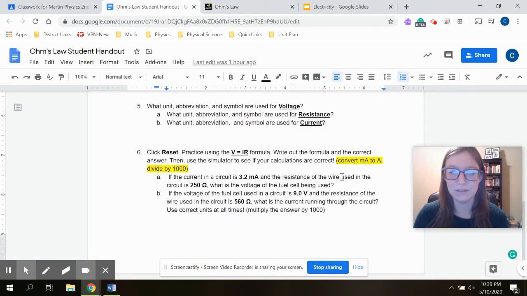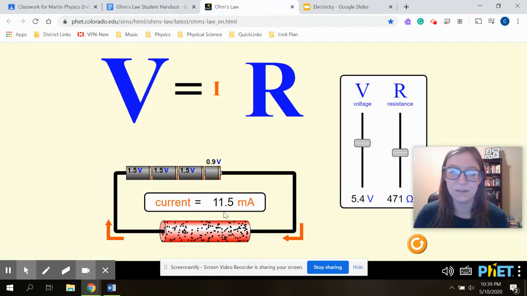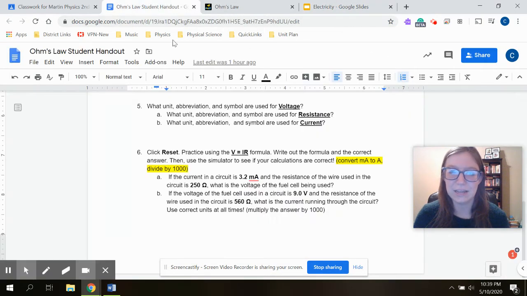A couple little notes: if you want to convert milliamperes to regular amperes, divide the number by 1,000. Here you'll get a number like 0.0, I think, 115. Divide that number by 1,000, and you'll get the correct answer there.